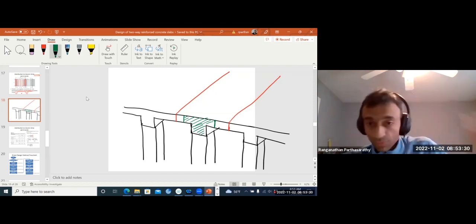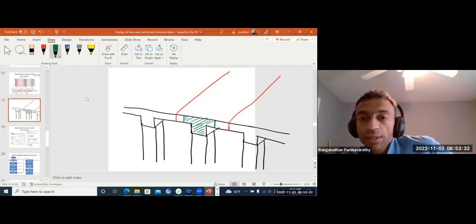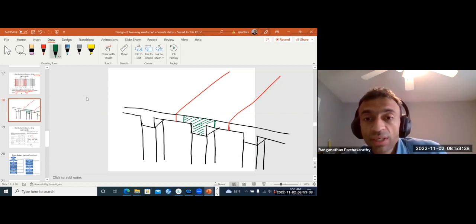Then which part is going to the slab and which part is going to the beam?